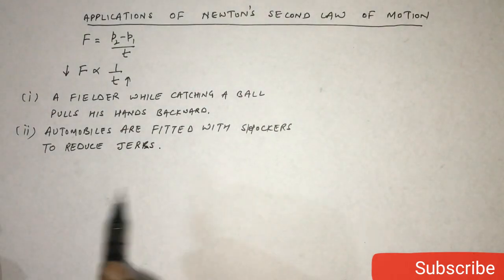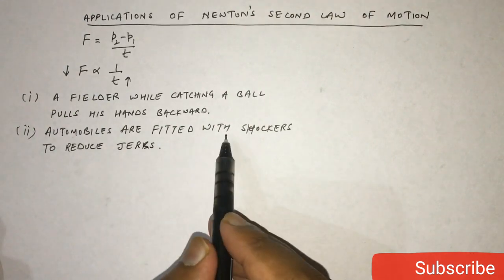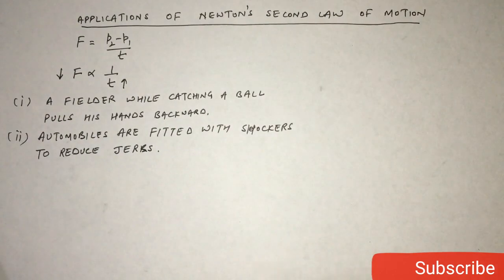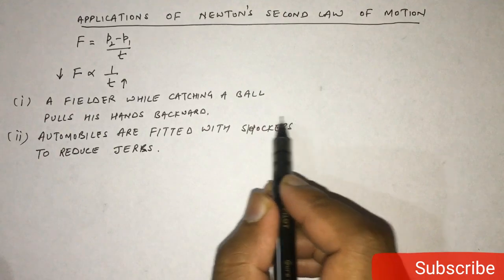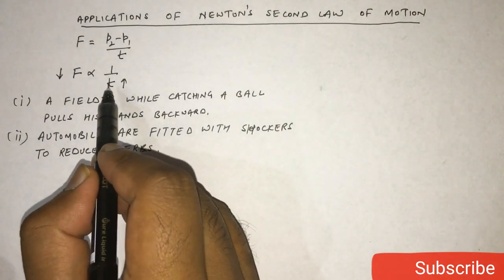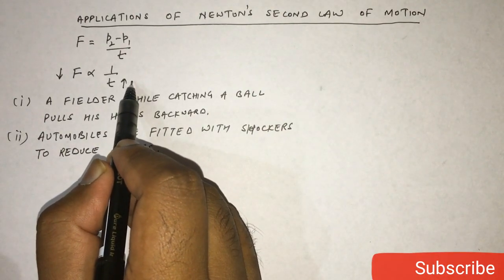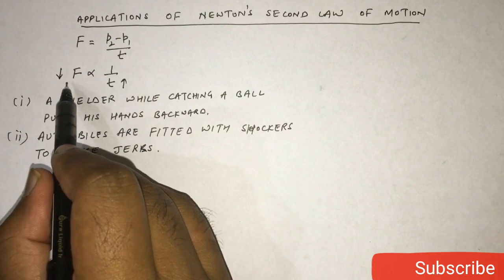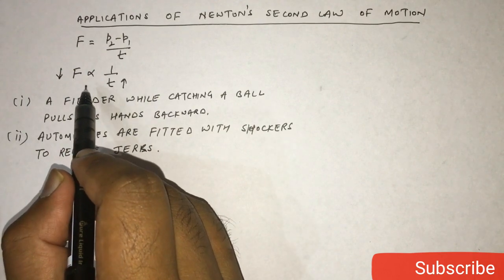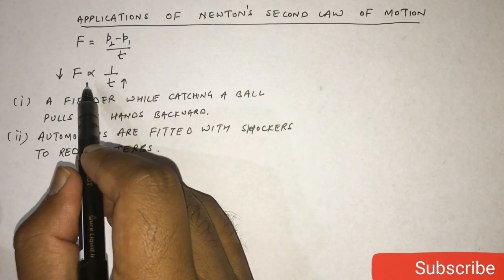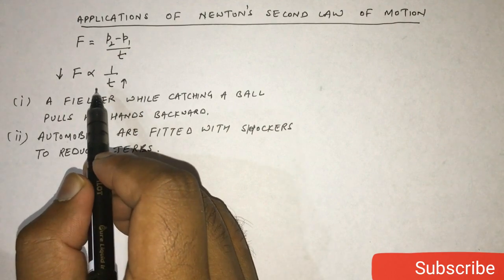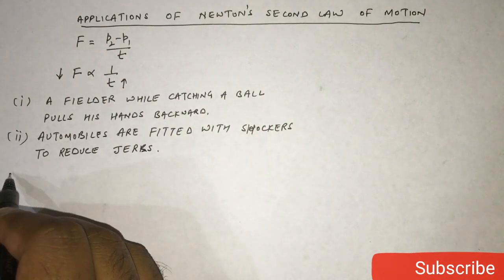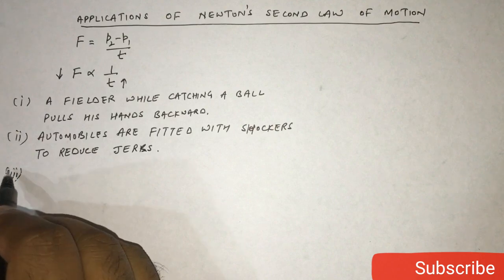So automobiles are fitted with shockers. The purpose of the shockers is to increase the time of impact of the jerk so that the force of the jerk experienced by the passenger sitting in the vehicle is less. Clear?